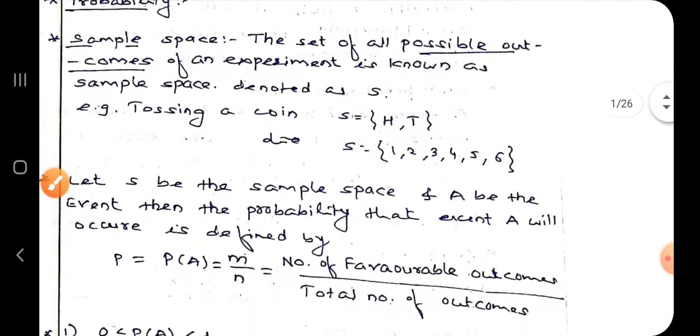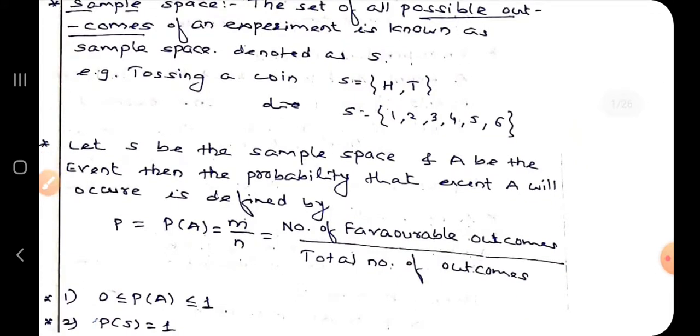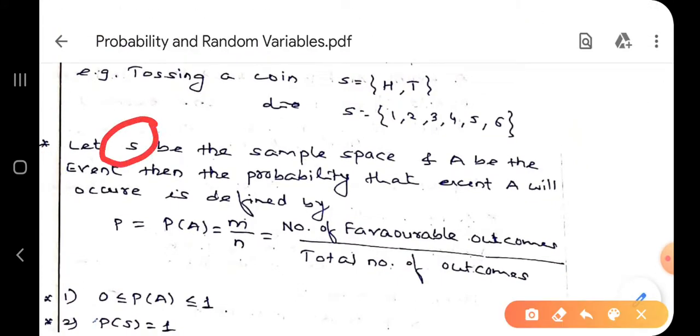Now probability. Suppose S is the sample space, meaning the possible outcomes.